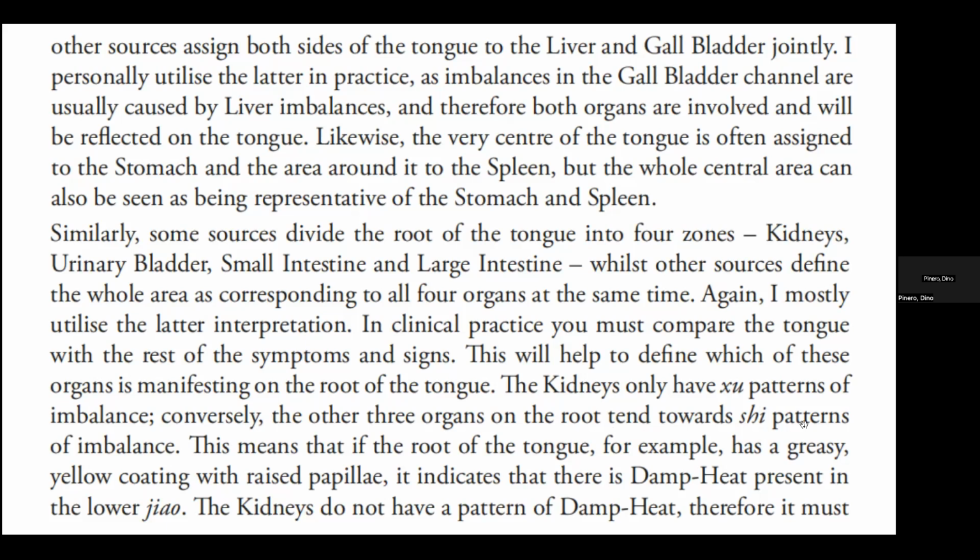So this means that if the root of the tongue, for example, has a greasy yellow coating with raised papillae, it indicates that there is damp heat present in the lower jiao. So dito, yung kidney do not have a pattern of damp heat, kasi sabi dito, kinoconsider niya ang kidney pattern as deficiency, and having damp heat and a characteristic greasy yellow coating is an excess condition.